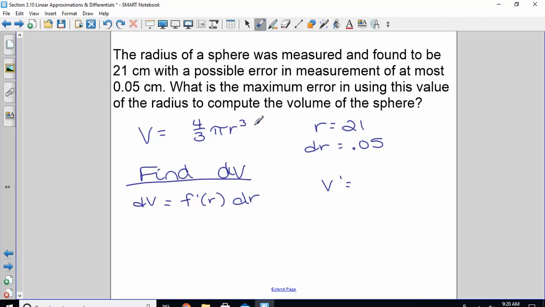So if we bring that down, we get 4 pi r squared. What r value am I going to be plugging in there? 21, so we have 4 pi times 21 squared, that's our derivative, and I need to multiply that with my dr, which was 0.05. Let's just put all this in our calculator.